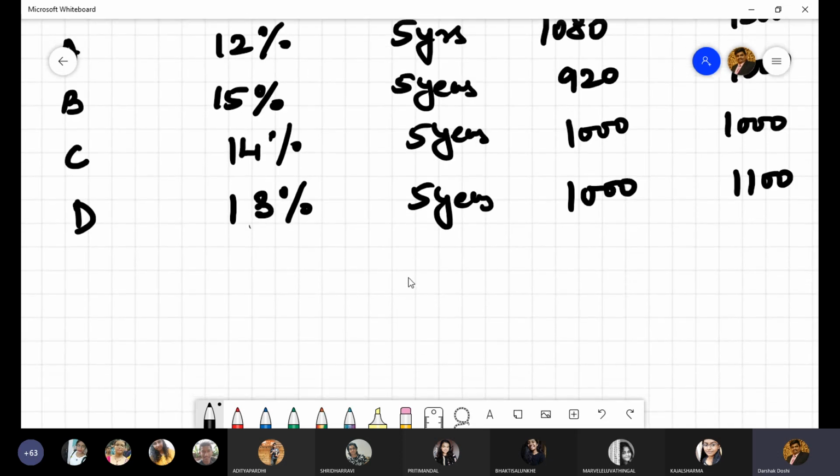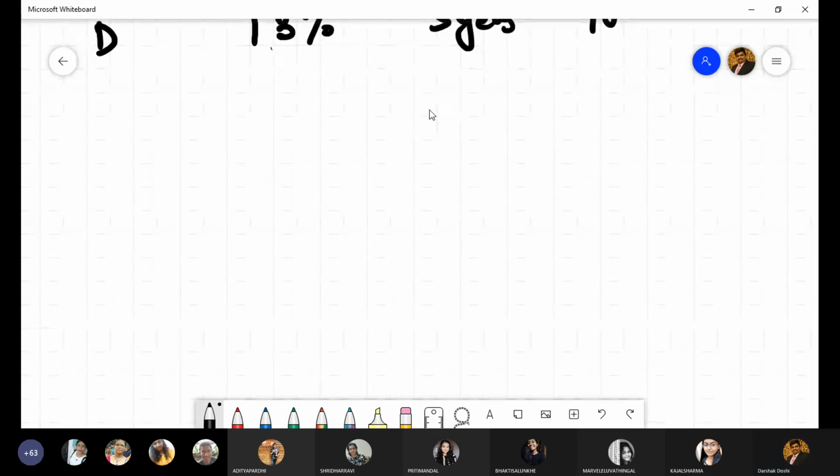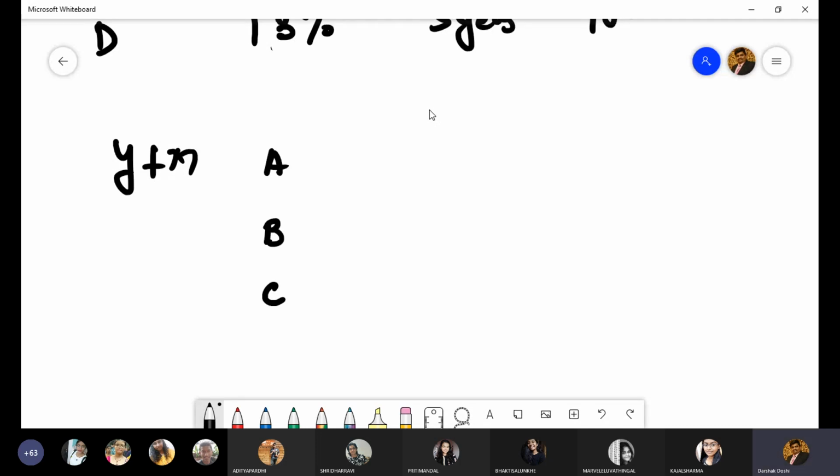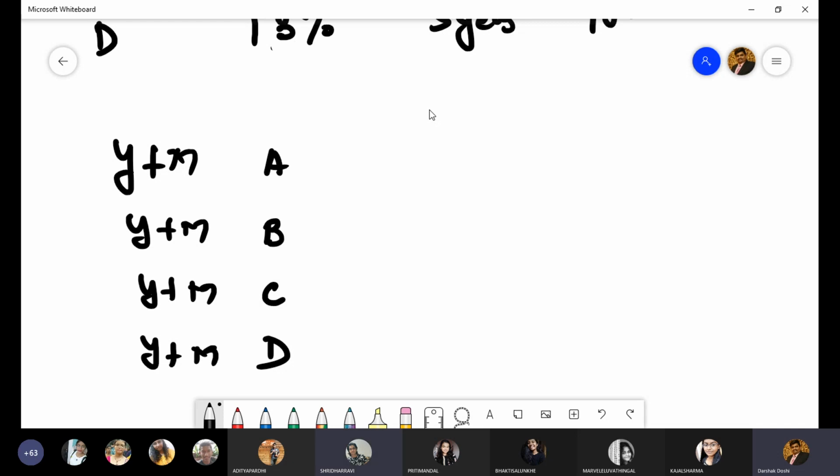Calculate YTM for all four. One by one, let me know the YTM for all four bonds. Once it is calculated by you, let me know.